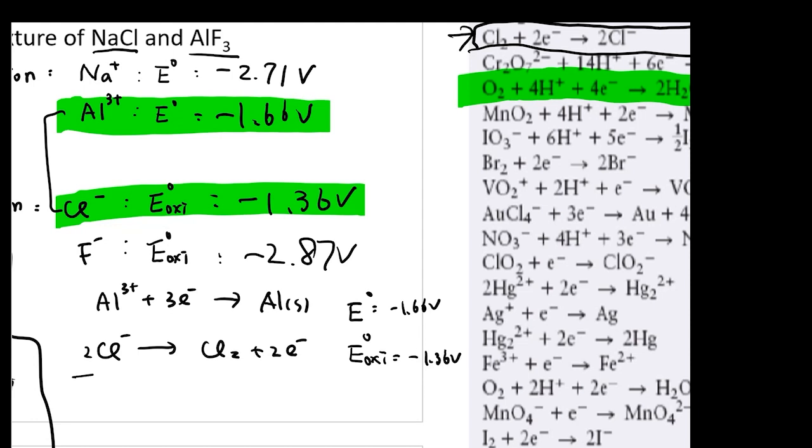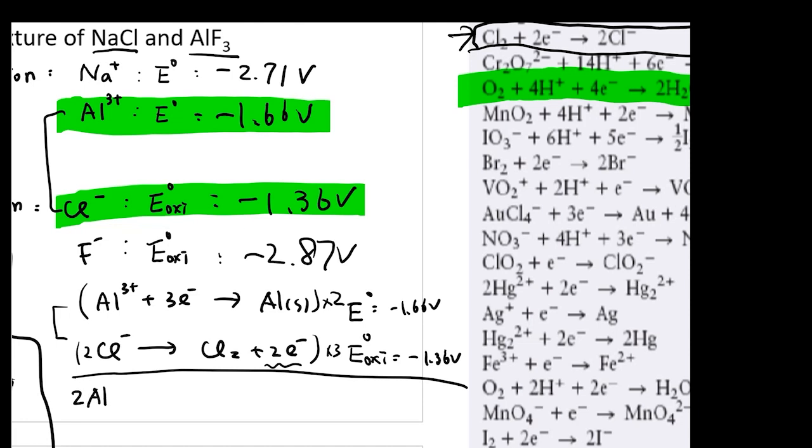So for the overall reaction, you want to balance the charge. You multiply the first equation by 2 and the second equation by 3. In the end, you have 2 aluminum 3 plus, 6 electrons, plus 6 Cl minus, giving you 2 aluminum solid plus 3 Cl2 gas plus 6 electrons. The 6 electrons cancel out, so this will be your final balanced equation.